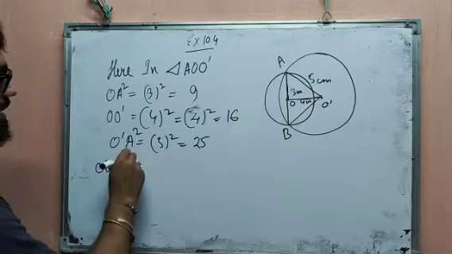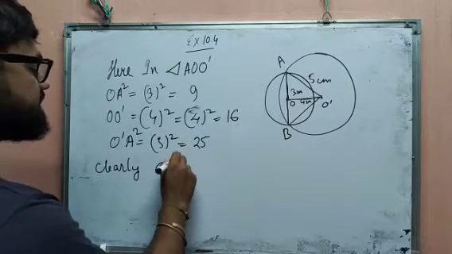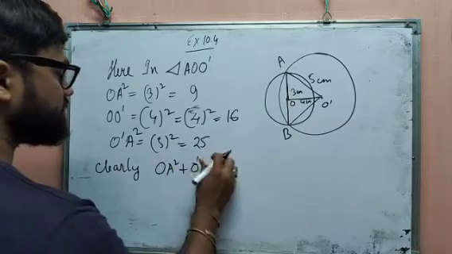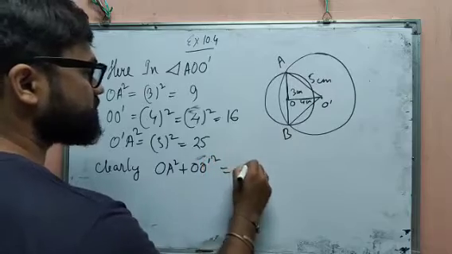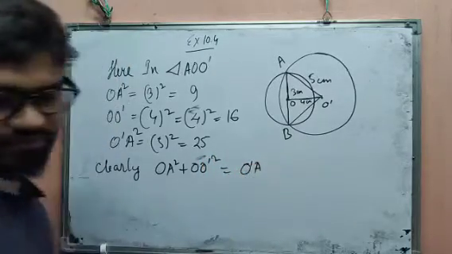Clearly you can see that OA square plus OO dash square equals O dash A square.